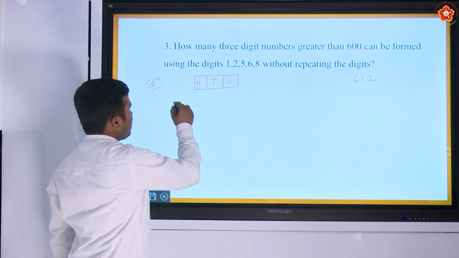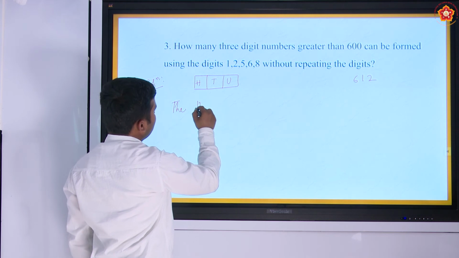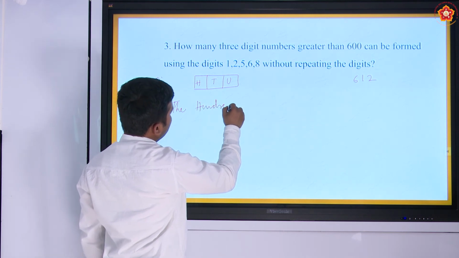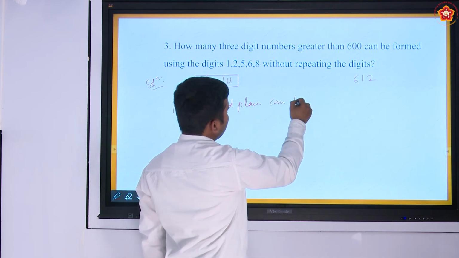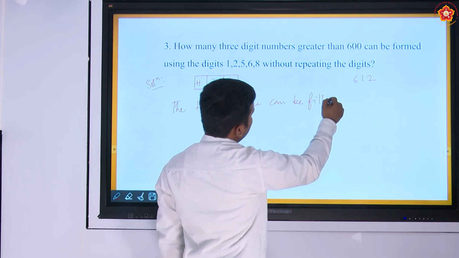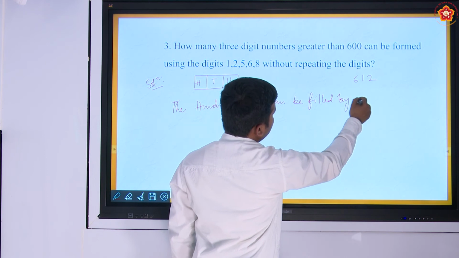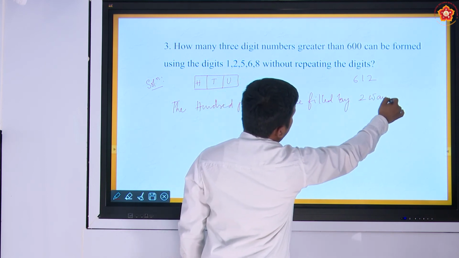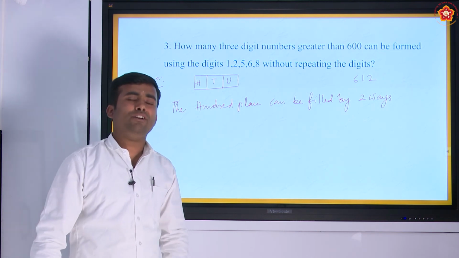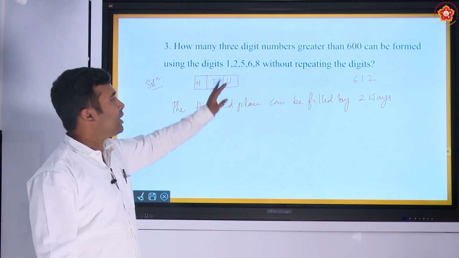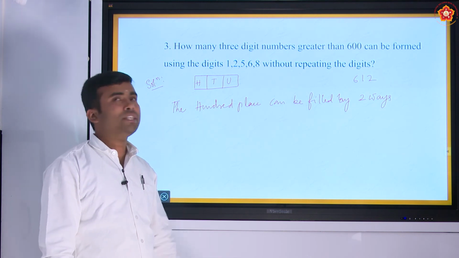So the hundreds place can be filled in how many ways? 2 ways. Even though the hundreds place is filled in 2 ways, one digit must be removed from the given digits.